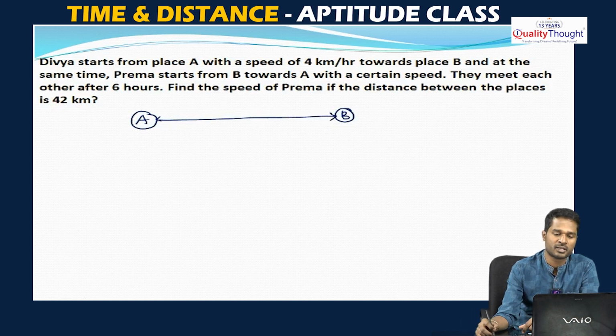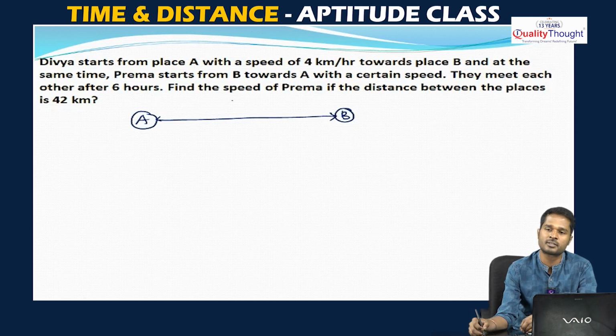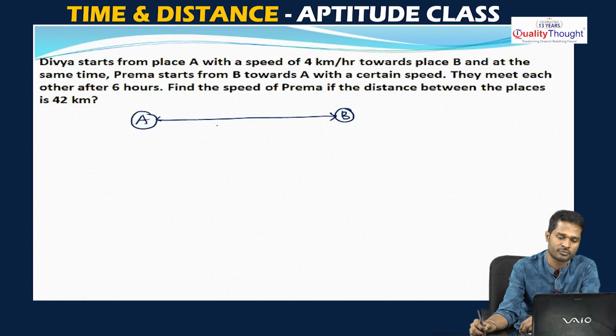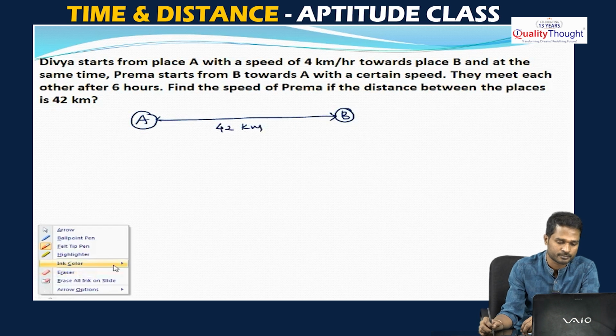They met each other after 6 hours. Find the speed of Prema if the distance between the places is 42 kilometers. So the distance between A and B is 42 kilometers.